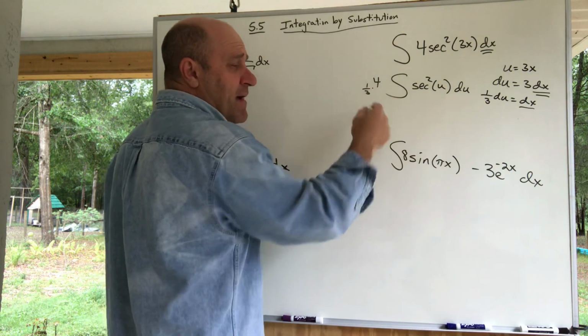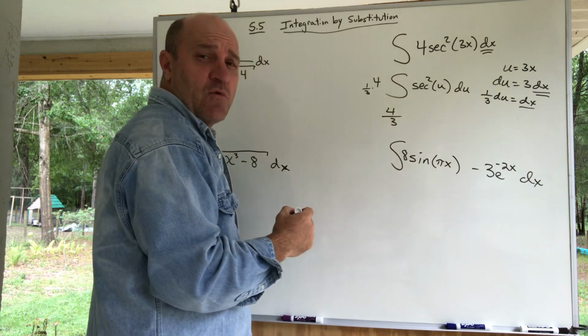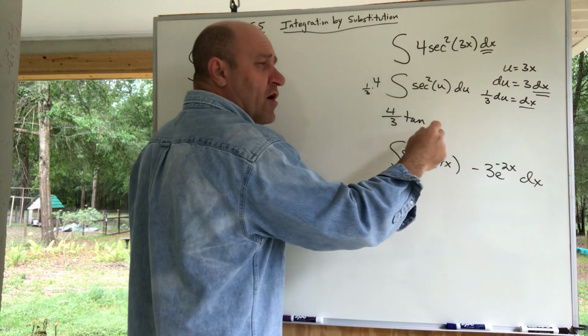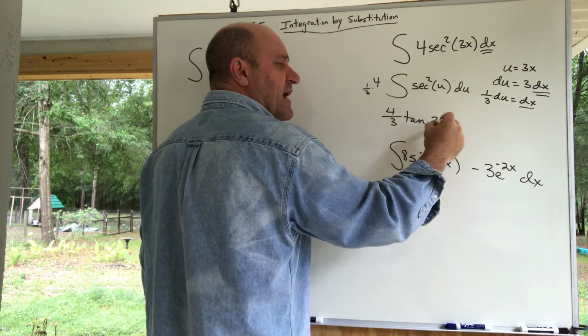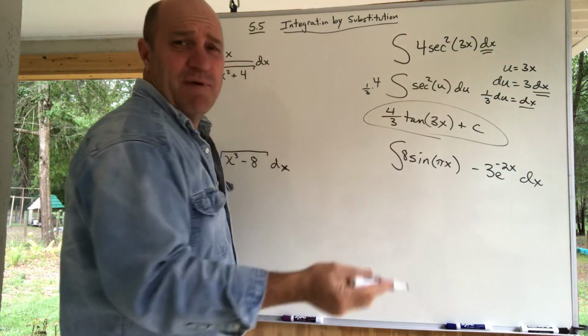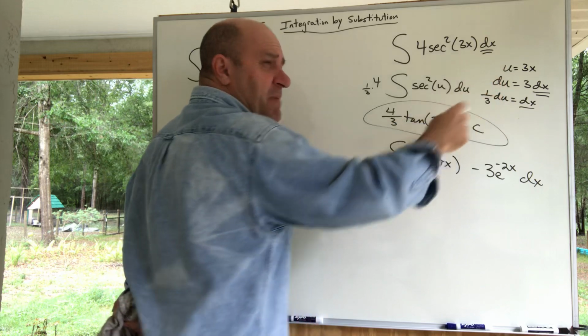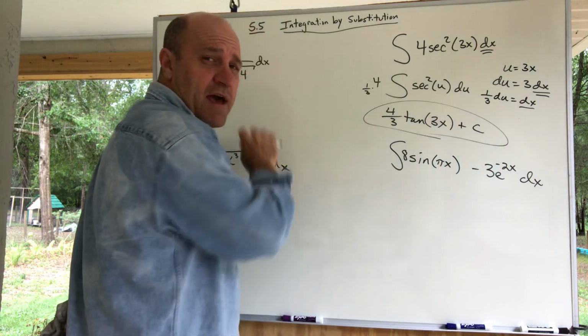So I'm done. My answer is 4/3, and the antiderivative of secant squared u is tangent u. Now I'm going to write tangent u, hold on. Instead of writing u, I'm going to go ahead and write what u is. It's 3x. Now when I get good at this, maybe I realize, again, these are the steps. This explains it. You should write down the steps, especially when it gets more complicated.